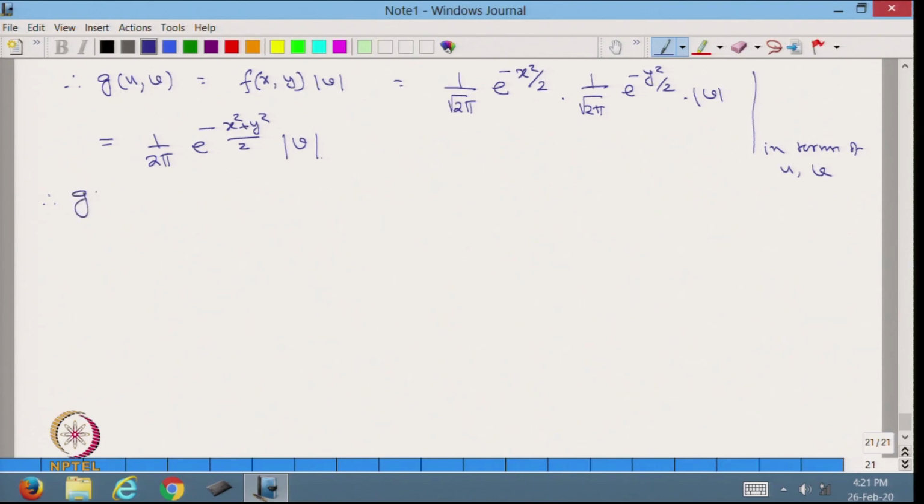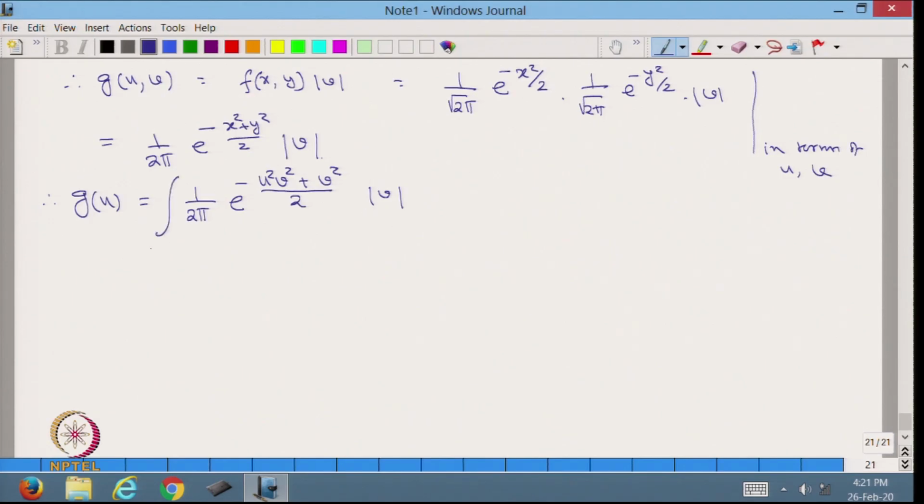Therefore, g of u is equal to 1 over 2 pi e to the power minus, x is equal to u v, therefore u square v square, plus y is equal to v, therefore v square, divided by 2, into modulus of v.